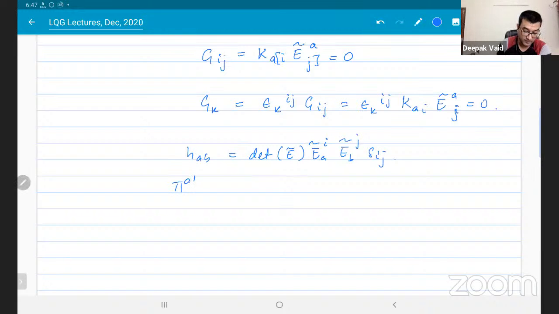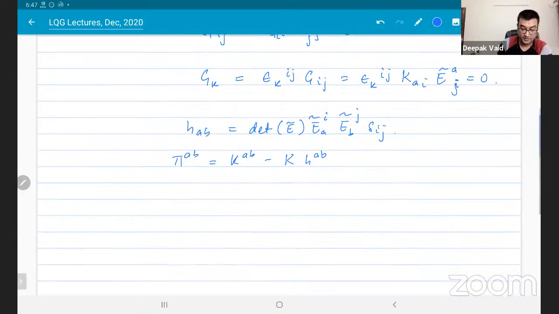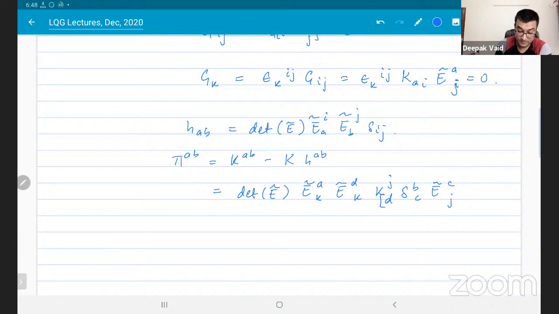Now what about the momentum pi AB? So pi AB is KAB minus K times HAB. Okay. This becomes, using the same determinant of E, EK EDK KJG delta BC CJ.